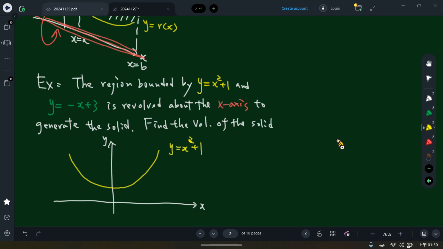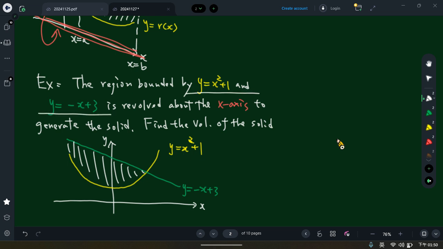Okay, then another curve is its boundary, y is equal to minus x plus 3. So we can see the curve region is this one, bounded by these two curves.